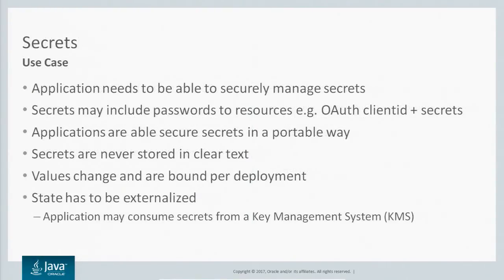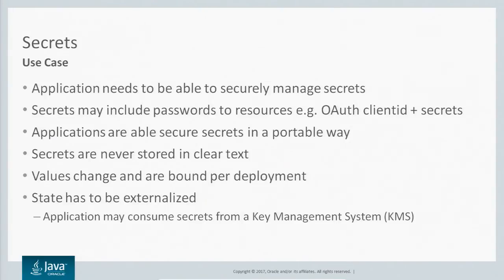Secrets, use case for that is application needs to be able to securely manage secrets. That might include passwords for resources like an OAuth client ID and secrets. Applications are able to secure secrets in a portable way. They aren't stored in clear text.